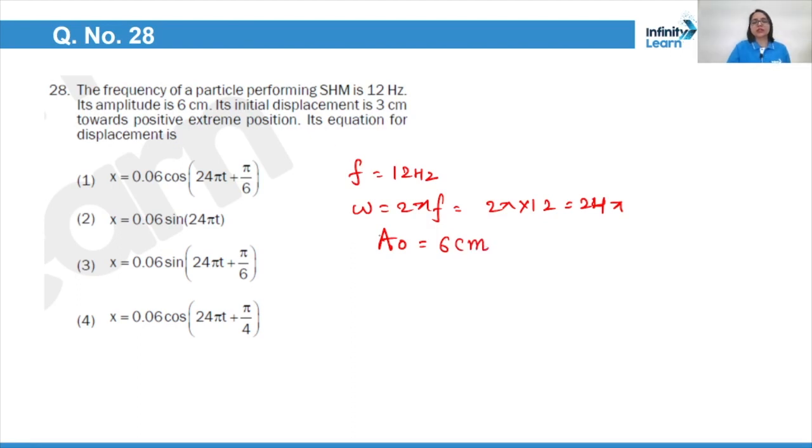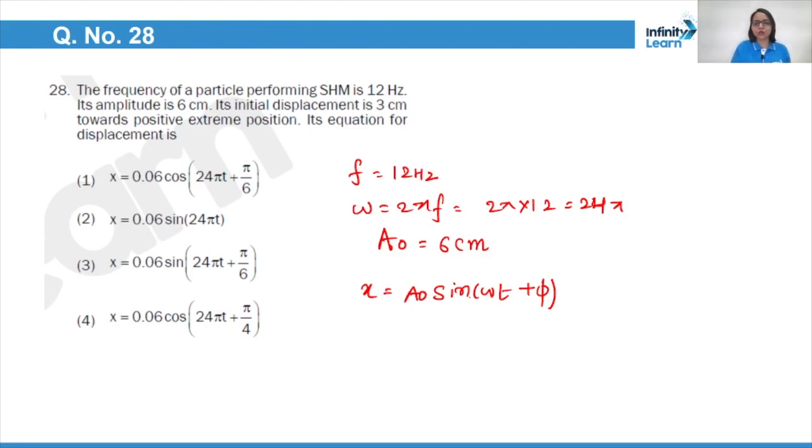Its initial displacement is 3 centimeter towards the positive extreme position. Its equation for displacement is, so it is given that its initial displacement is 3 centimeter towards the positive extreme position, right? So we can assume that its equation is x is equal to A naught sine omega t plus phi.